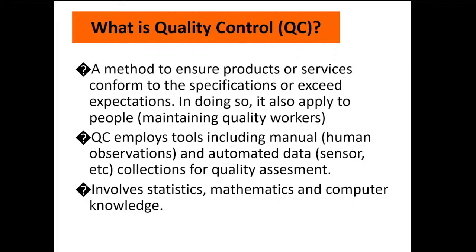In doing so, of course, we want to ensure the workers have good training, so they can conform to the specification and exceed the expectations. Or basically, if we look into manual checks, lights, or automatic sensors, all this again goes to cost effectiveness.